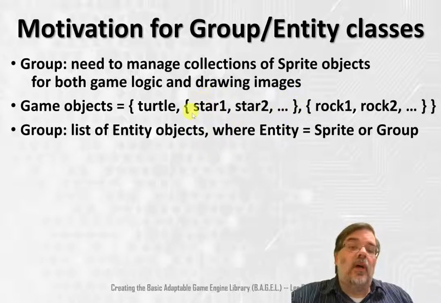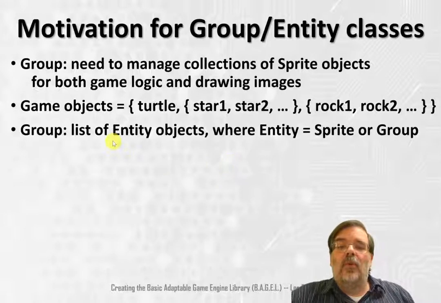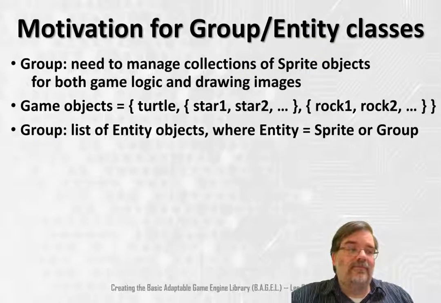The way you draw a group is you apply the draw method of every entity within it, whether those entities are sprites or even more nested groups. So this is the reason we're going to create an entity class as a superclass for both groups and sprites.